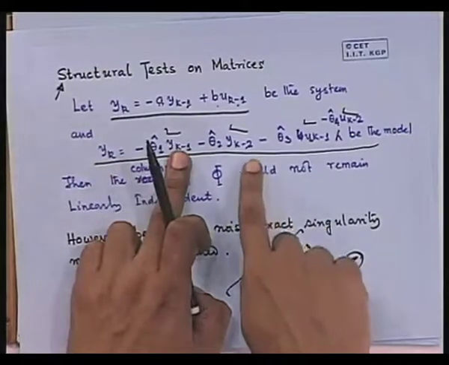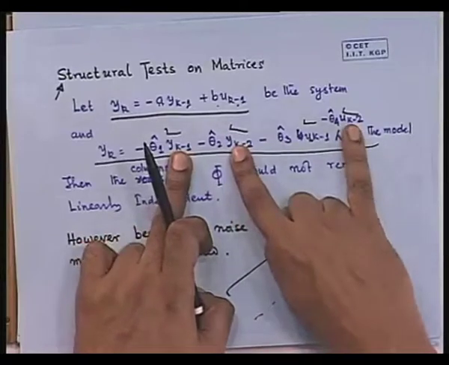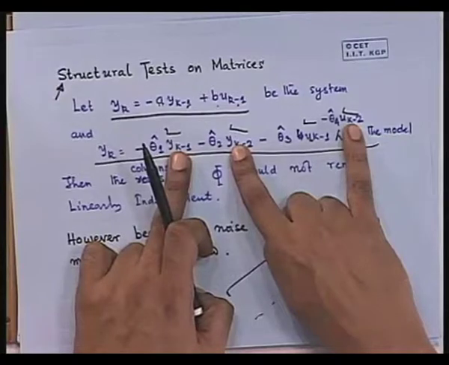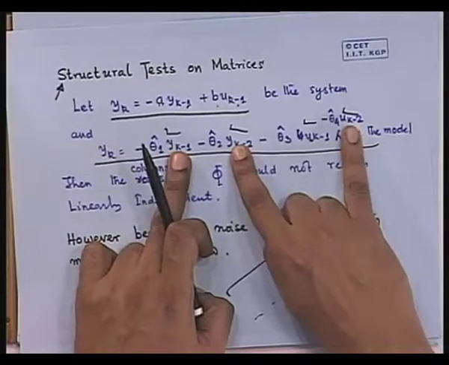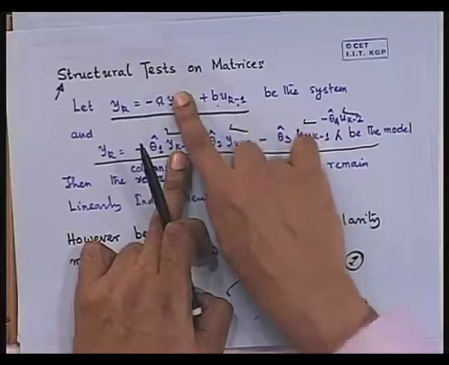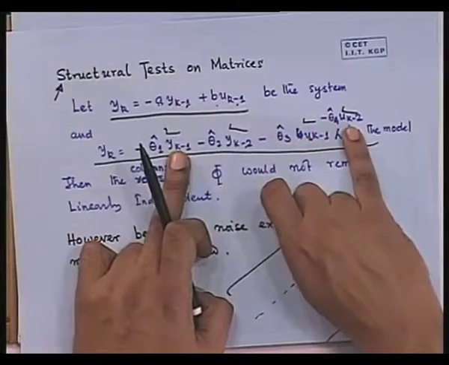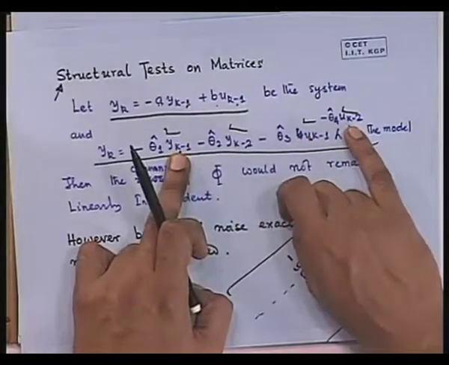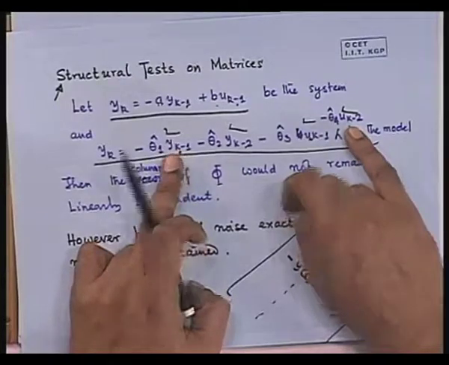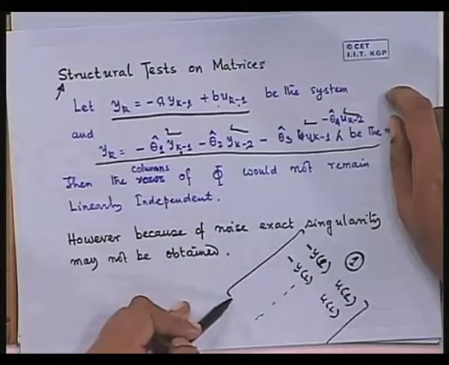So this column and this column are going to be correlated, linearly dependent. If you take this column multiplied by a, and this column multiplied by b, you will get this column. So therefore the rank of this matrix will fall.